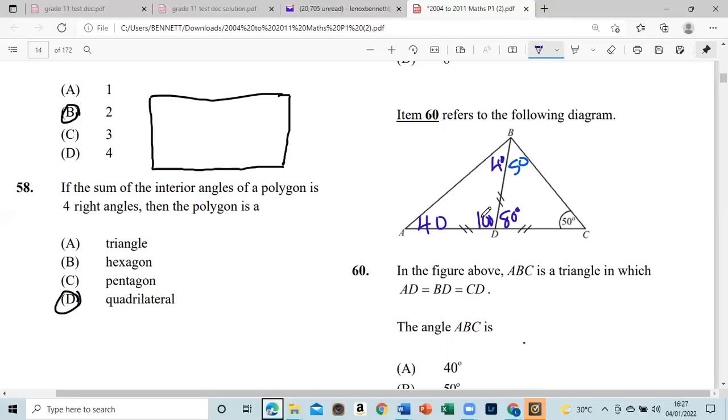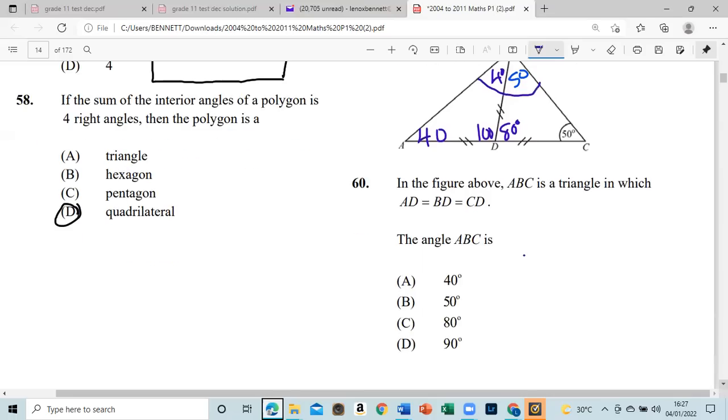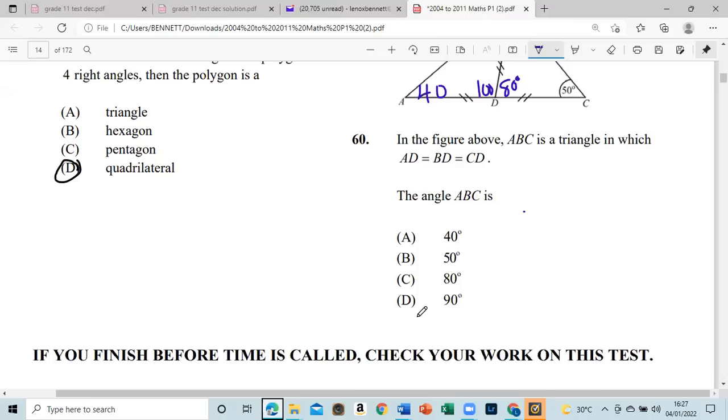You see, I didn't even notice that I found every angle. They say angle ABC. So you see that A, B, C is the entire angle. Good thing you found it. Absolutely awesome question to end it.